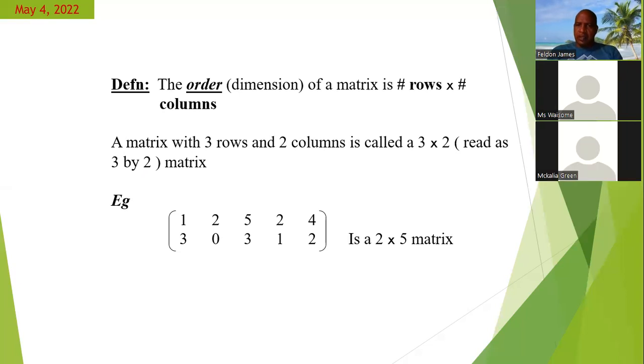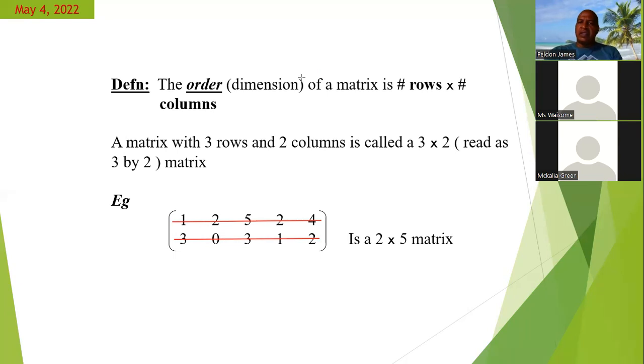So rows run across and columns go down. All right. So in this case, if we run a line across with the numbers, then this will give us our first row. This would give us our second row. So in this case, we would only have 2 rows.